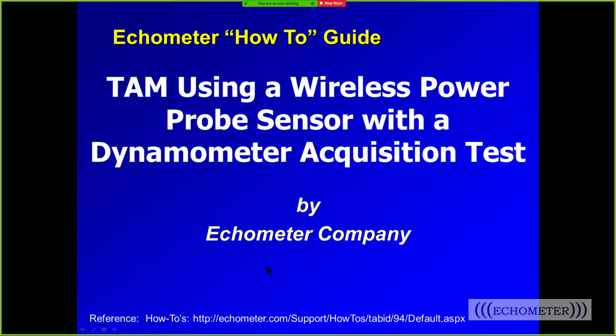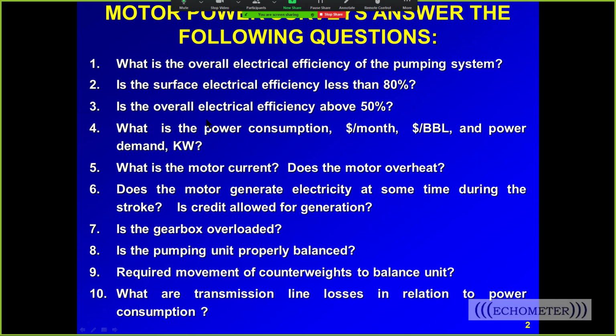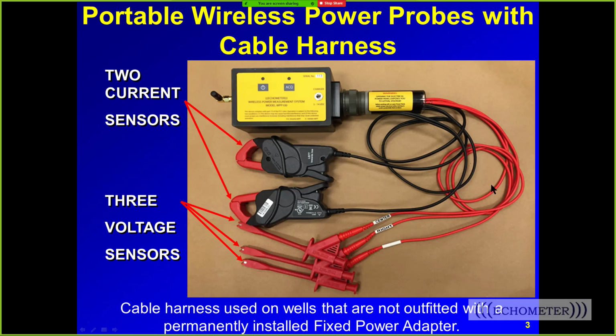You can download it. We've already talked about what you expect to learn from analyzing the power data you collect on a well. And these are the questions you need to ask when you collect the data. And this is the wiring harness with the radio for the portable wireless power probe.